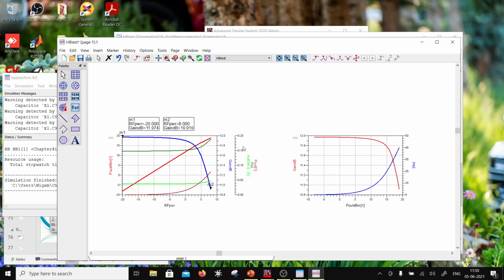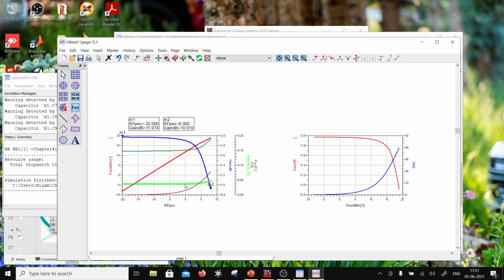So the HBT is a true power device, while the FET is not a true power device. So you will see that this IDC, when you hit it with power, can hardly go 2 to 3 times the quiescent current.